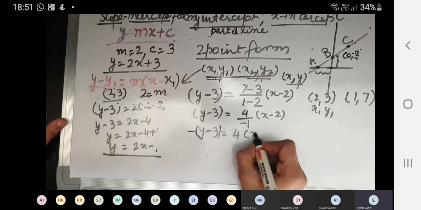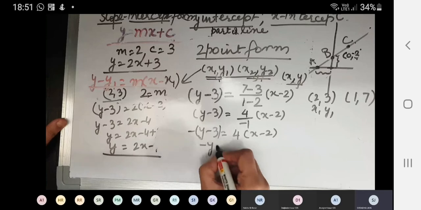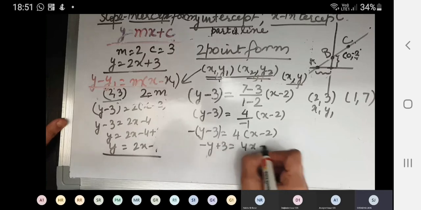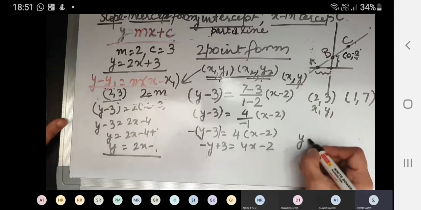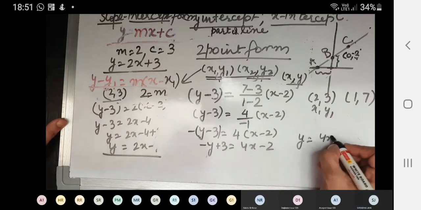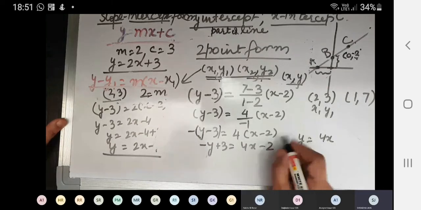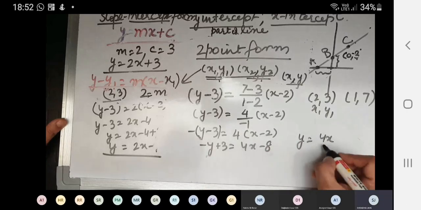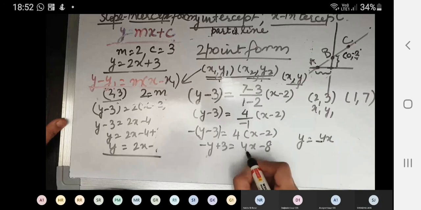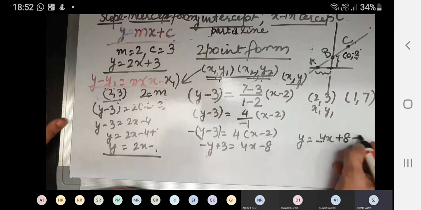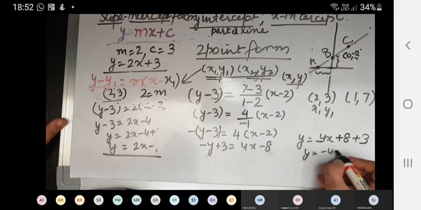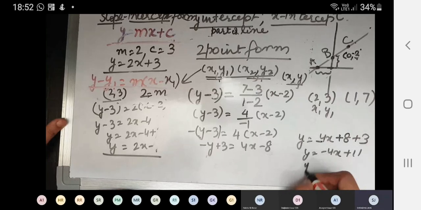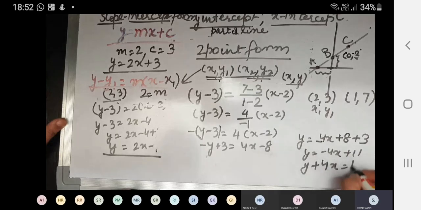So minus y plus 3 is equal to 4x minus 8, or y is equal to minus 4x plus 8 plus 3, or y plus 11 is equal to 4x, or y plus 4x is equal to 11.